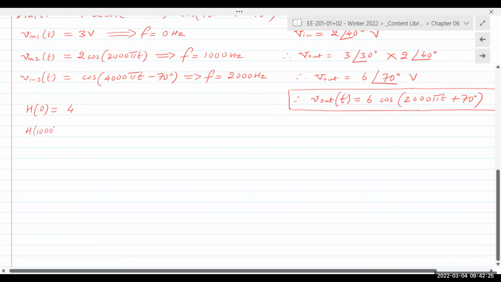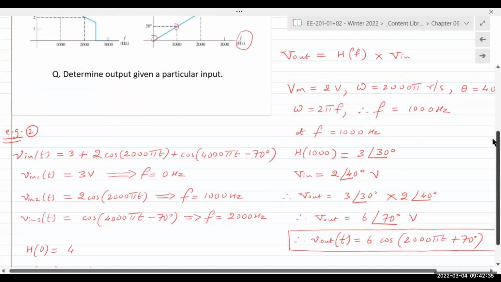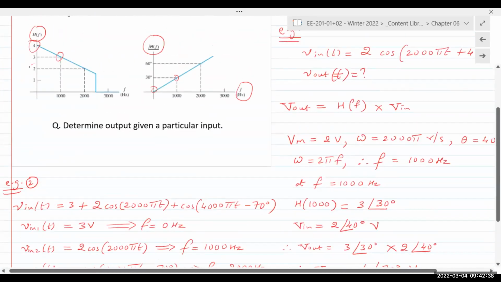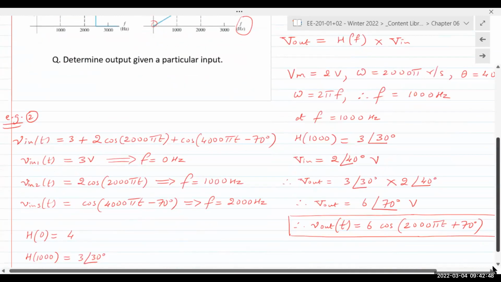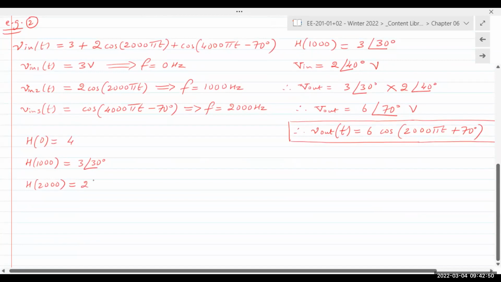H of 1000, we already found in example 1: 3 angle 30. And H of 2000, let's see what it is. At 2000, magnitude of 2 and a phase angle of 60. So 2 with angle of 60.